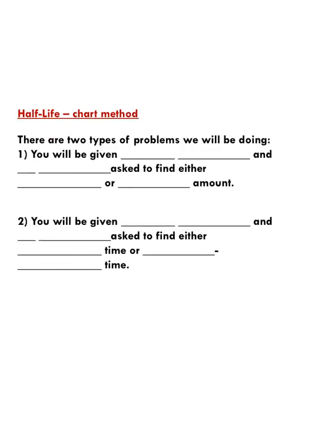So what we're going to see on here is there are some methods of doing these problems, and there's two main types on here. So the first type would be given 2 times and one amount, and you'll be asked to either find the starting or the ending amount.